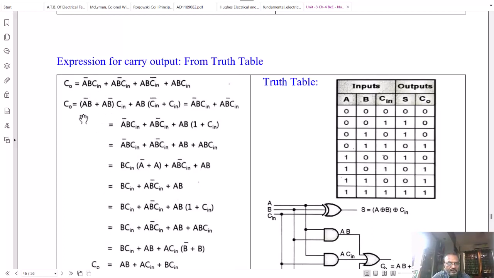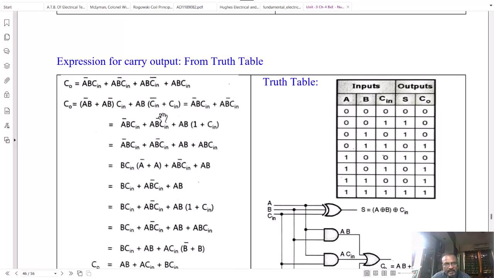Here from first 2 terms we will take C in common. So in bracket you are getting A bar B or AB bar, that is the exclusive OR operation. And from third and fourth term, we will take AB common. So in bracket, you are getting C in bar or C in.